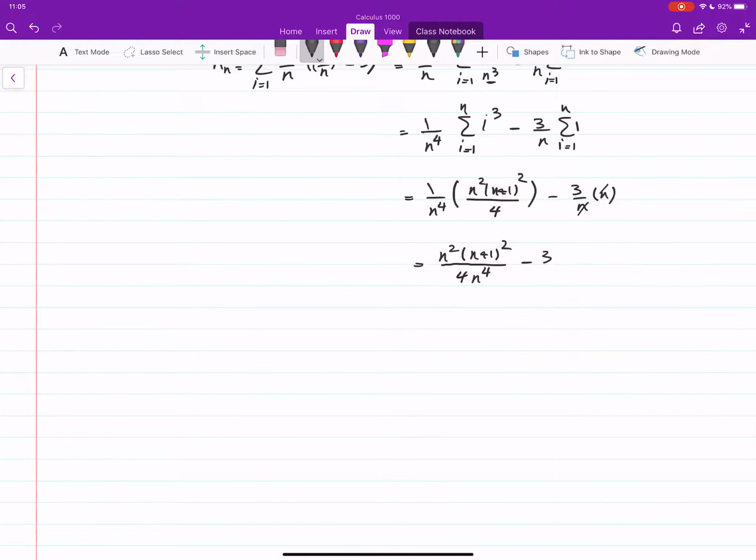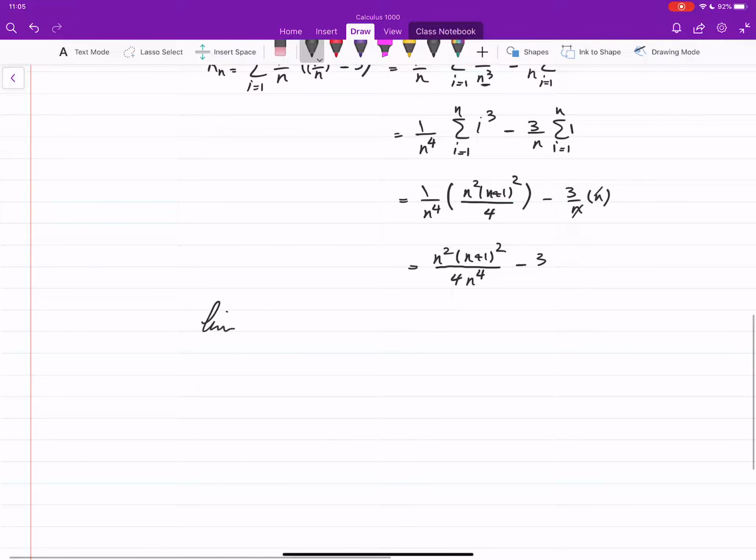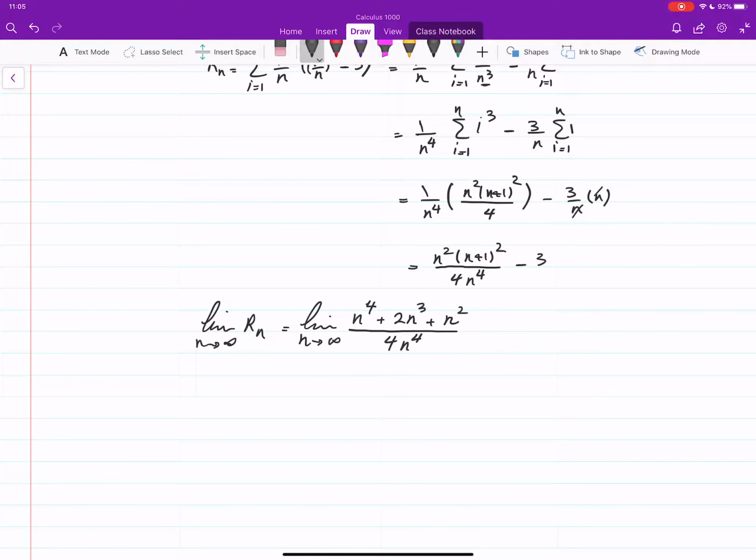And the limit of Rn now, n goes to infinity, is the limit of this piece here. I can expand that, actually. I can write n to the power 4 plus 2n cubed plus n squared over 4n to the power 4, as n goes to infinity, with a minus 3 also there.